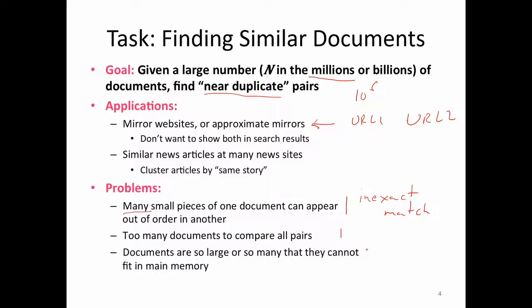And the third thing is that if you consider all billions of web pages and try to store all of them in memory, we are now just talking about text, but there may be also images and all those things. You cannot store millions of documents in the main memory, in RAM, at the same time. So these are the three problems.